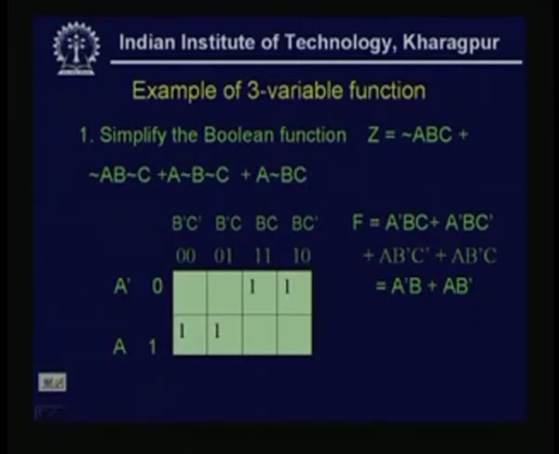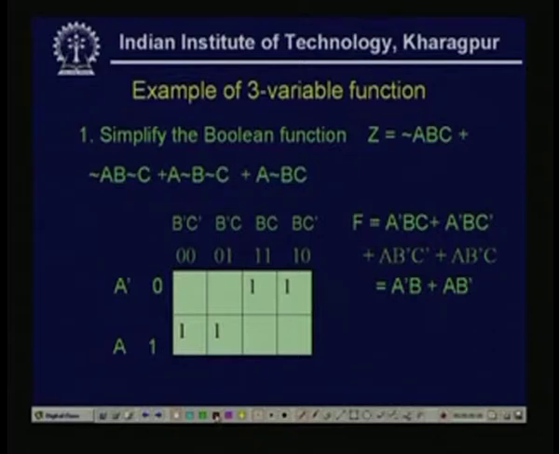So, it has 2 to the power 3, meaning 8 min terms. Out of these 8 min terms, there are only 4 min terms present in this particular function. What are these 4 min terms? One is a bar b c. In the table this is a bar and this is b c. So, this is 1.